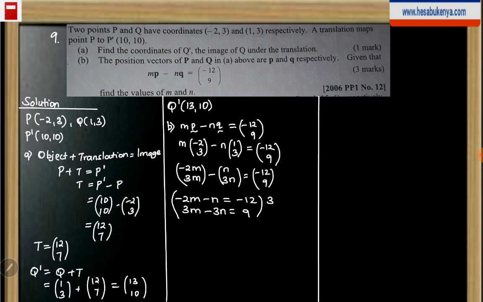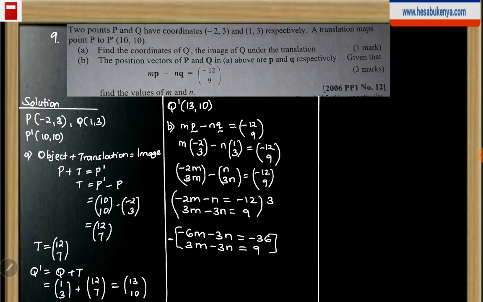So 3 times -2M is -6M. Then N times 3 is 3N, which is equal to negative 12 times 3, which is negative 36. Then the second equation is not changed. So we have 3M minus 3N being equal to 9. Now to eliminate N, we need to subtract the two equations.